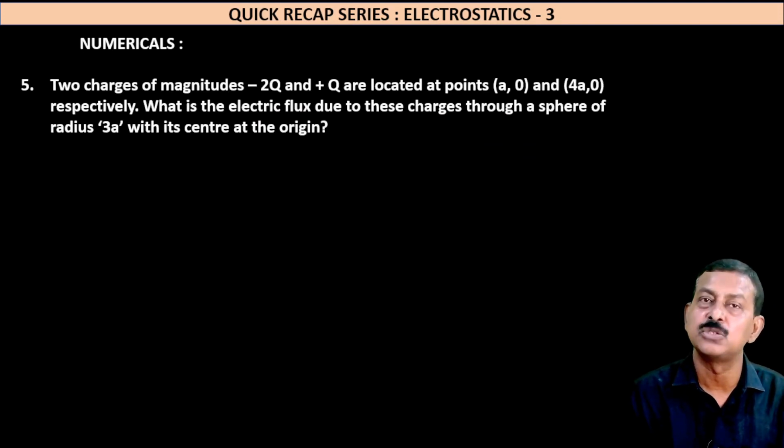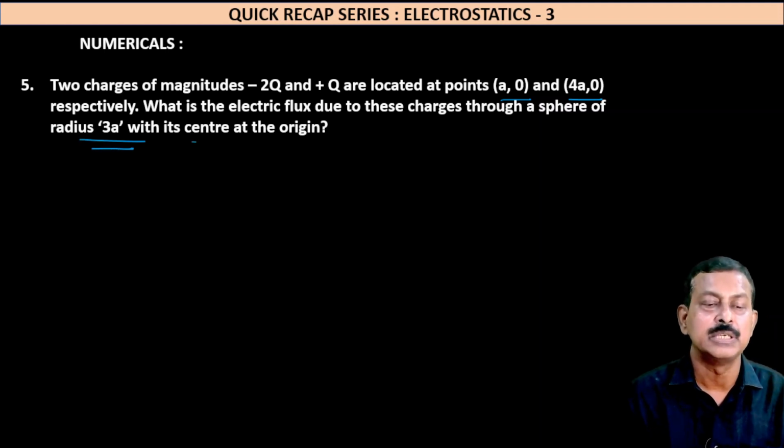Two charges of magnitude minus 2q and plus q are located at the points a, 0 and 4a, 0 respectively. What is the electric flux due to these charges through a sphere of radius 3a with its center at the origin?